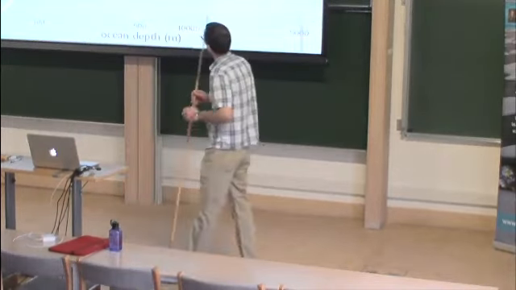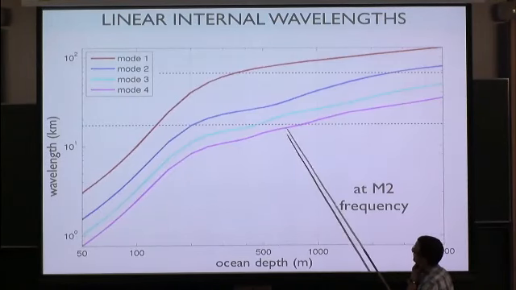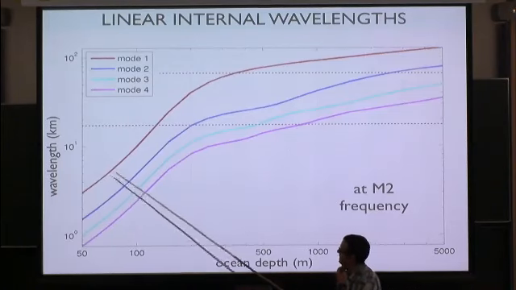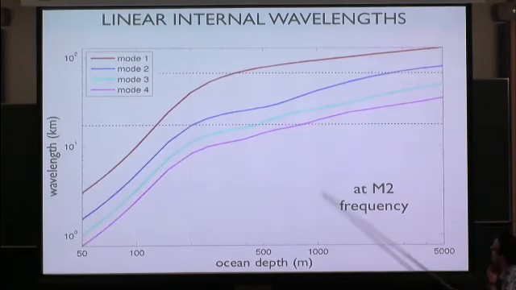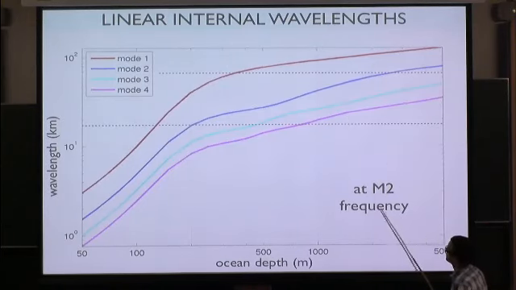And what is the wavelength of the internal waves? Well, this is a plot of internal wavelength in kilometers versus ocean depth. I'm looking here at the first 4 internal wave modes within the ocean at M2 frequency.